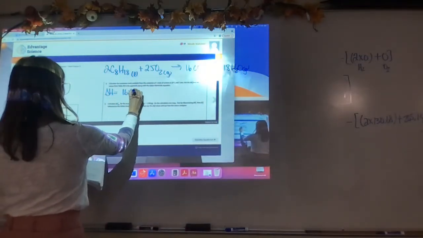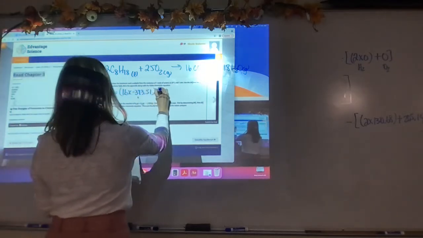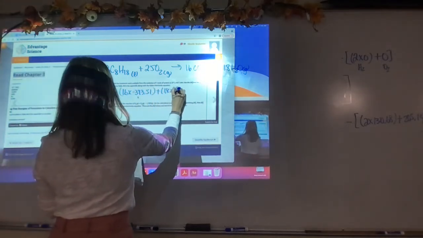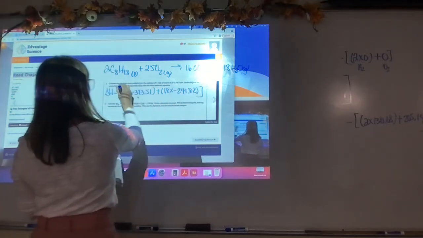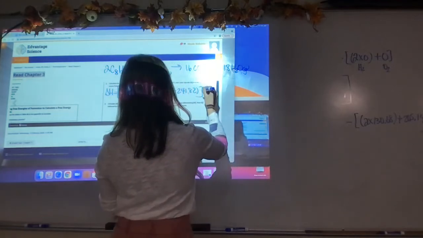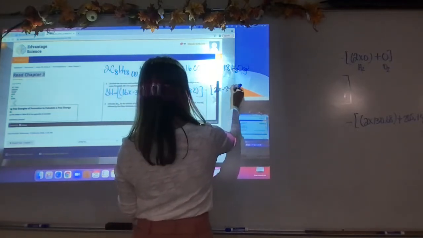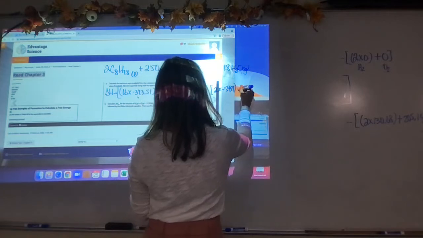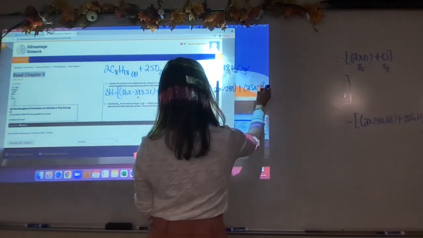So 16 times negative 393 for my CO2, plus 18 times negative 241.82 for my water. And then we've got minus 2 times negative 5471 for the octane, plus 25 times 0 for the oxygen gas.